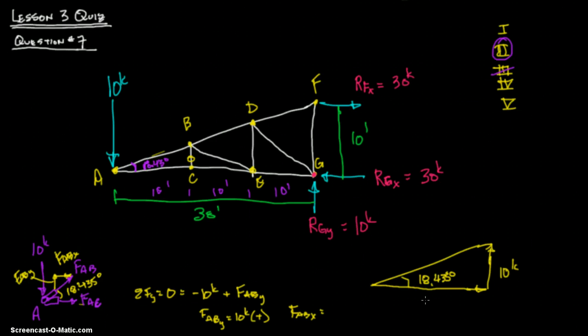We'll use tangent again: tangent of 18.435 degrees equals opposite over adjacent. You're going to have to take 10 divided by the tangent of 18.435, and you're going to get 30.